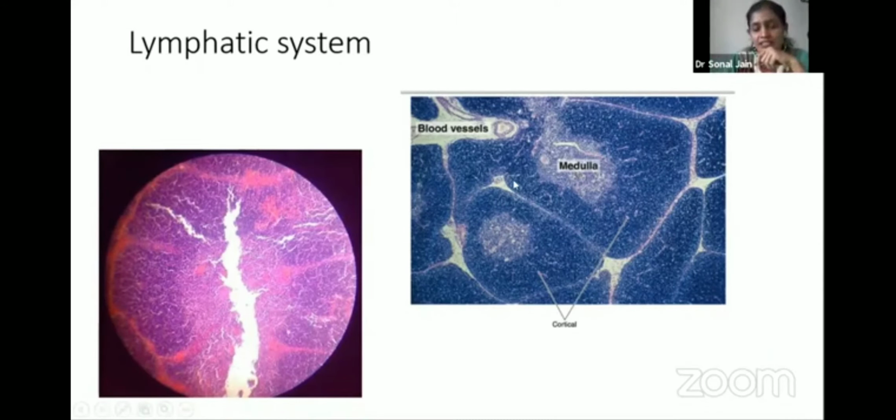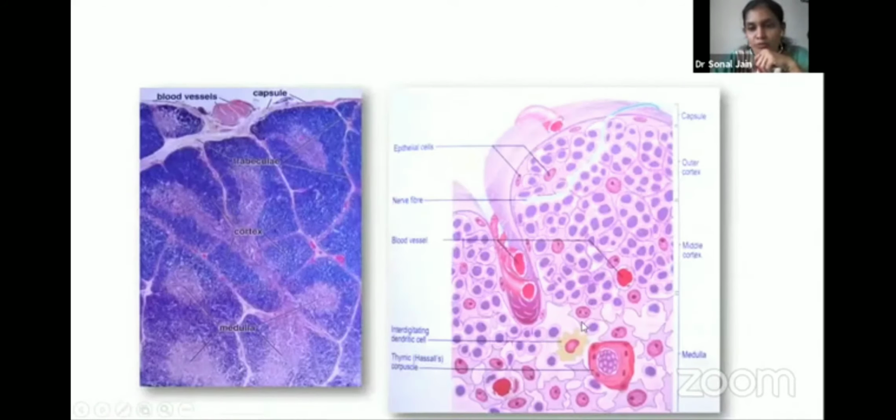The characteristic of this thymus is Hassall's corpuscles. These Hassall's corpuscles are eosinophilic, that is acidophilic, lightly stained, pink colored structures. They are lamellated acidophilic bodies, surrounded by flattened reticuloendothelial cells.